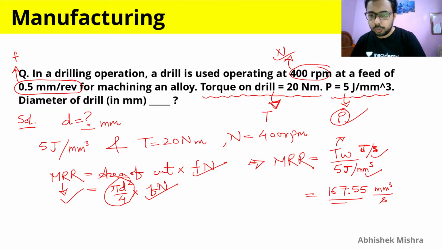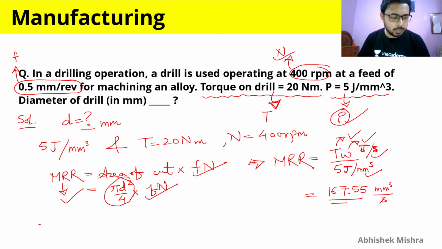Torque is given, omega we can calculate, specific energy is given, so we have simply calculated the material removal rate. This material removal rate we will use in the other formula of material removal rate, that is, the area of cut into the feed rate, to get the diameter of the drill.